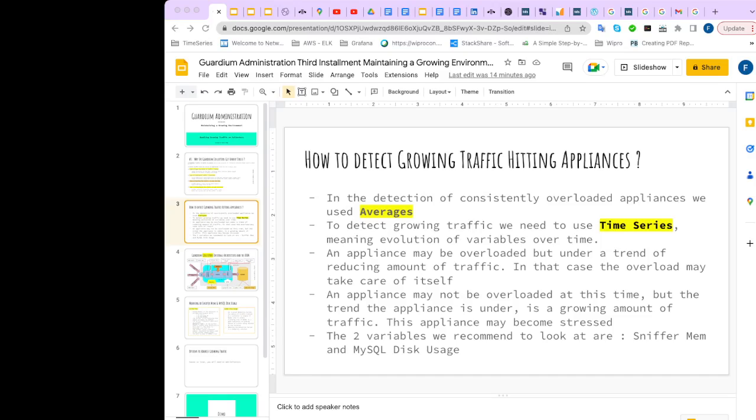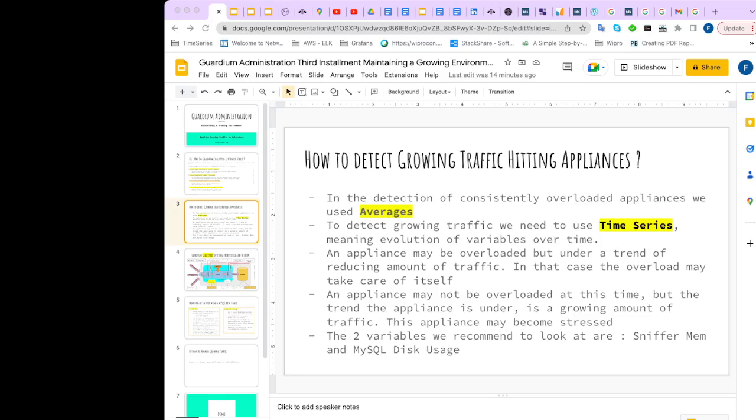Here you probably need to look at two cases: when an appliance is already overloaded but under a trend of reducing traffic, in which case the overload may take care of itself.